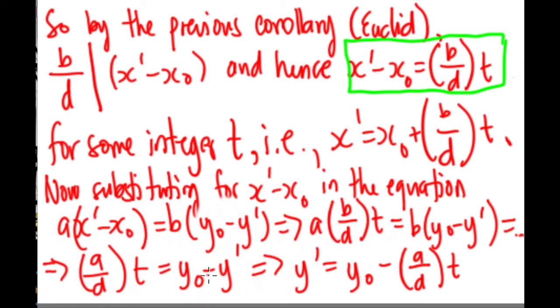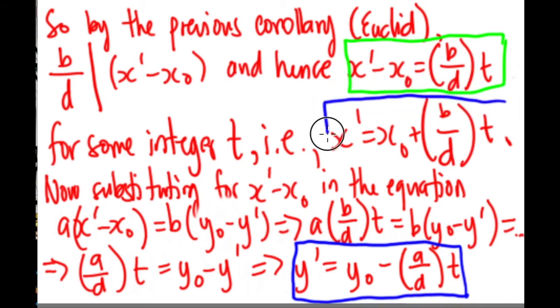Multiply the whole equation to make the y sub 0 positive. So what we have is y prime equals y sub 0 minus a over d times t, which is actually the pair of this solution here.